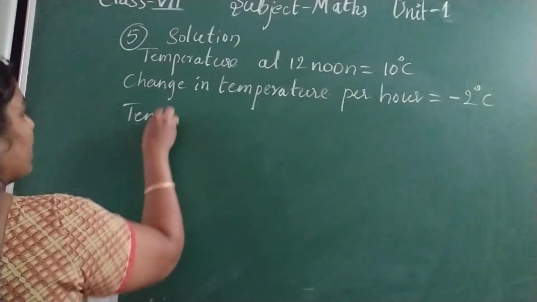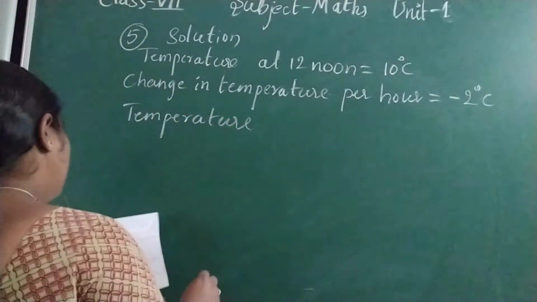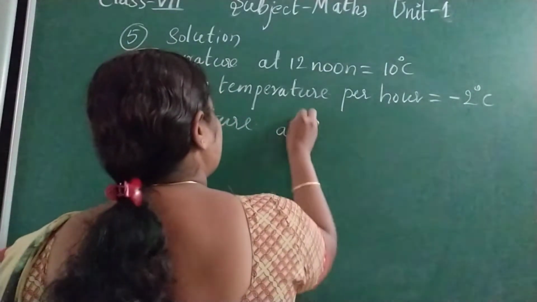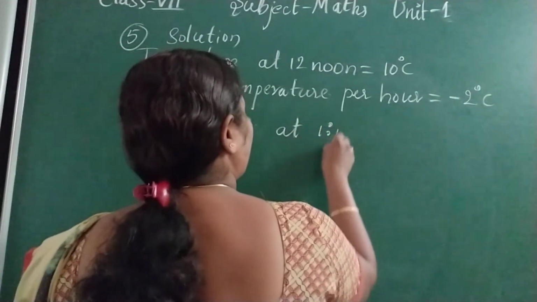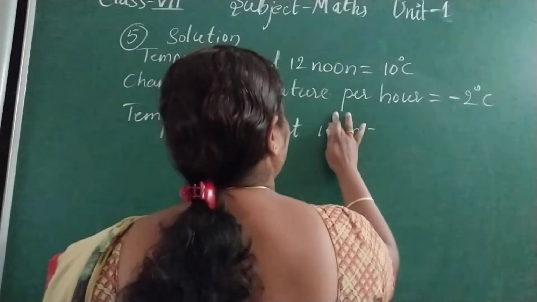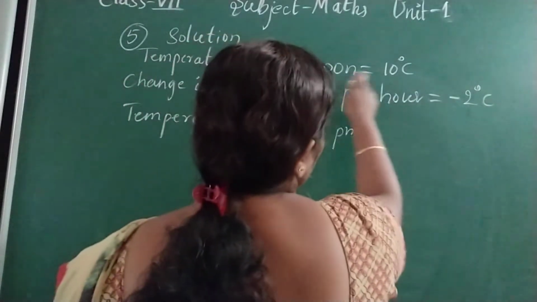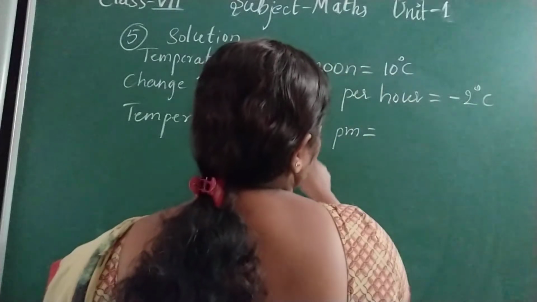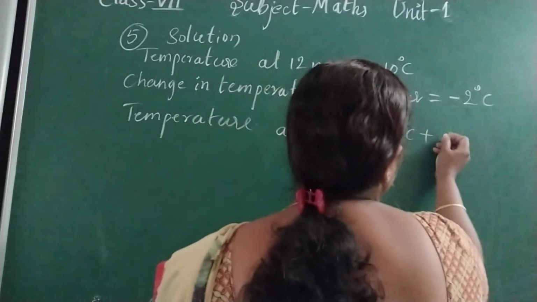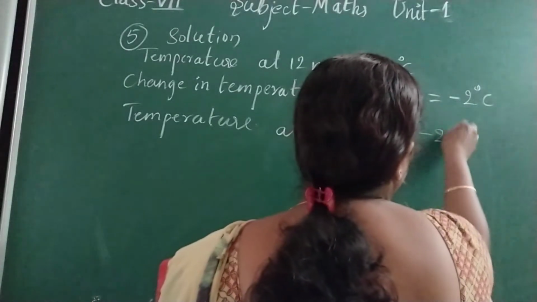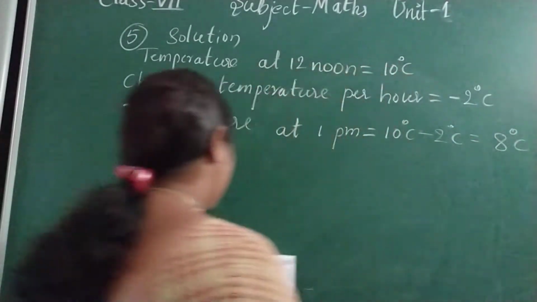Temperature at 1 p.m. is equal to, at 12 noon it is 10 degrees Celsius, so at 1 p.m. it means 10 degrees Celsius minus 2 degrees Celsius, that is 8 degrees Celsius.